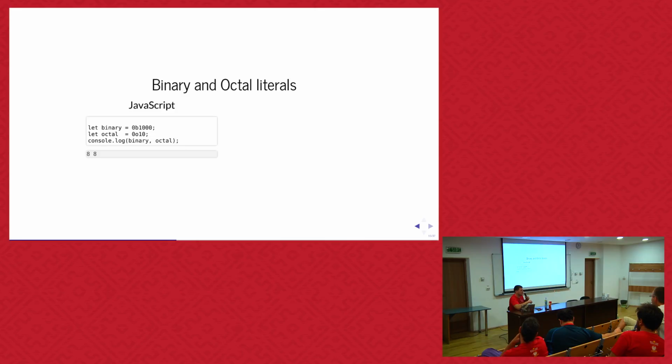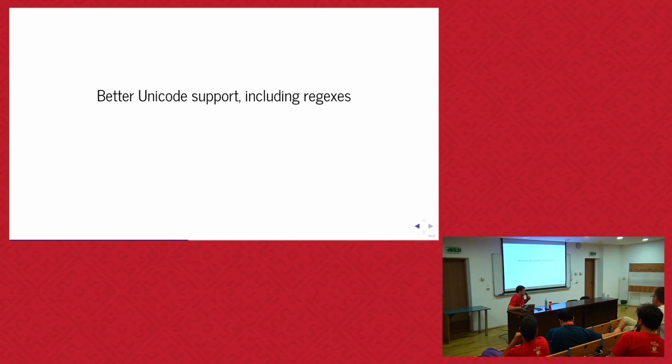Yeah, I think, no, it's not 07, it's just 0. So there is no special character for octal numbers, but there is a possibility to declare octal numbers, and for binary there is a character. 0 what?